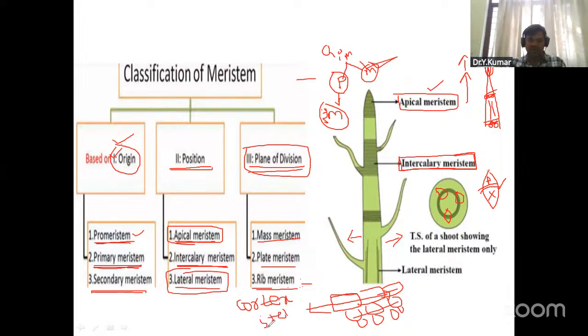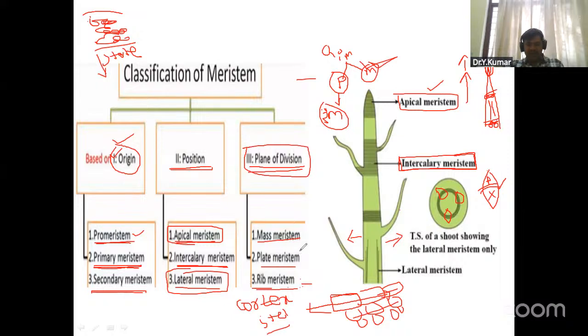For example, in the internal structure of the plant body, this is the epidermis, and the rest is called cortex, which is made up of cell layers like this. After the cortex is the stele, which also has layers, with the central medulla. This is all done by rib meristem.